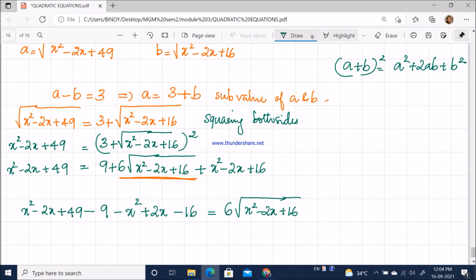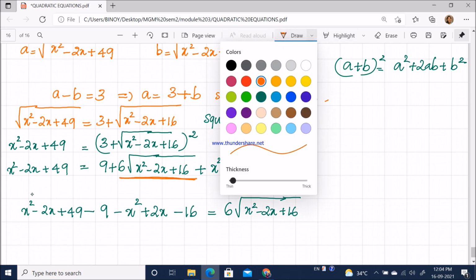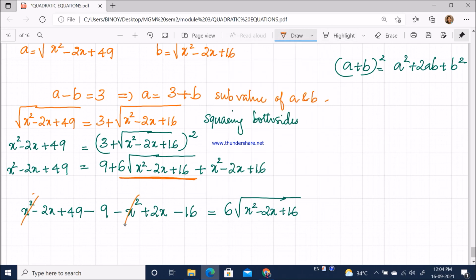Cancelling x square as well as 2x, the value will be 40 minus 16 is equal to 6 root of x square minus 2x plus 16.